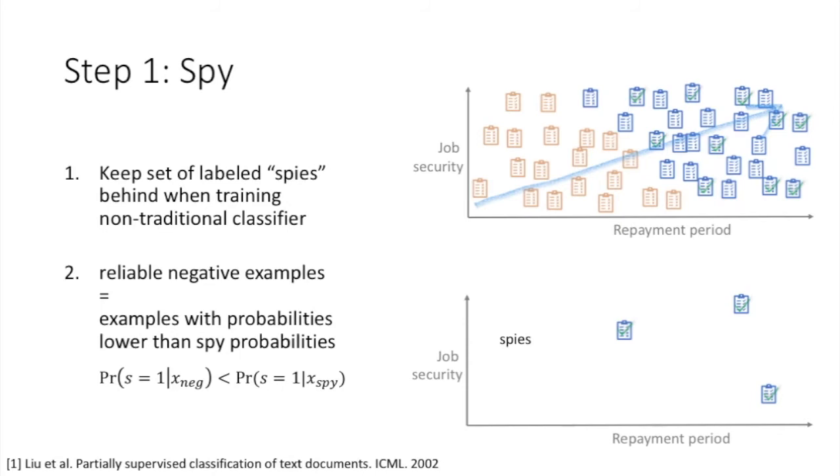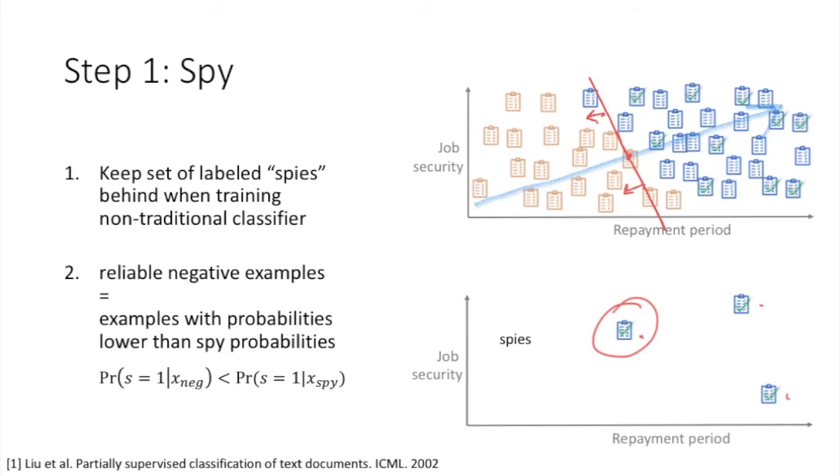But once we have our non-traditional classifier, we will look at the probabilities that these three examples get. So this one will get the lowest probability, and therefore it will decide our threshold probability. So this probability will be here on the line. So then it defines our threshold like this. All of the examples on this side are now going to be reliable negatives.